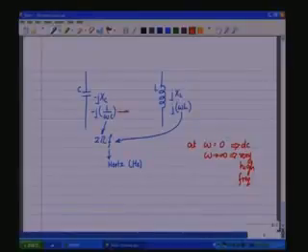So, this will tend towards 0 at high frequencies, which means it provides a very low impedance path at high frequencies.